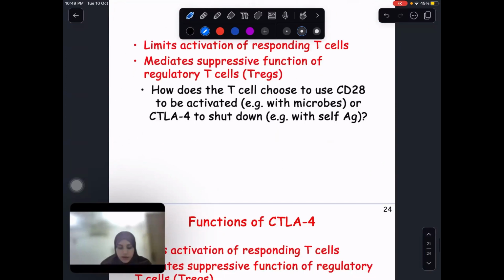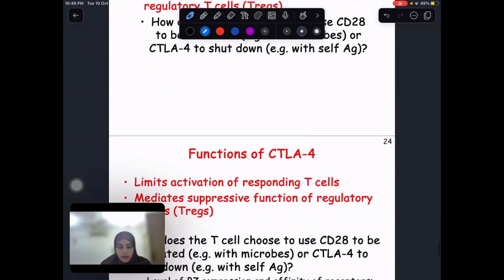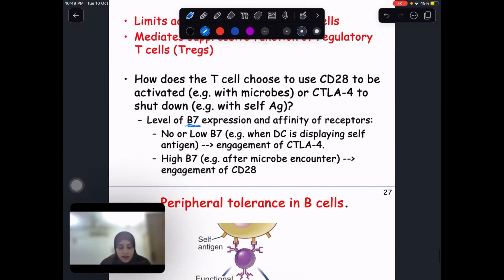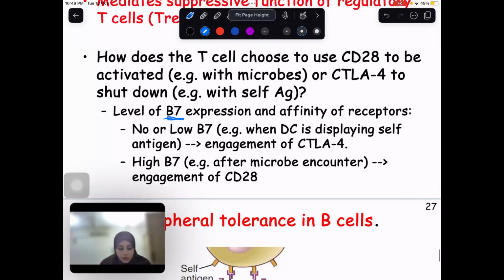Okay? Now, how does the T cell know when to express CD28 or when to express the CTLA4, which one to express more? This is with the help of the B7. Pretty self-explanatory. If I have a high B7, I told you guys this means what? A high B7 is when I have a pathogen. When the APC is, this is my dendritic cell.